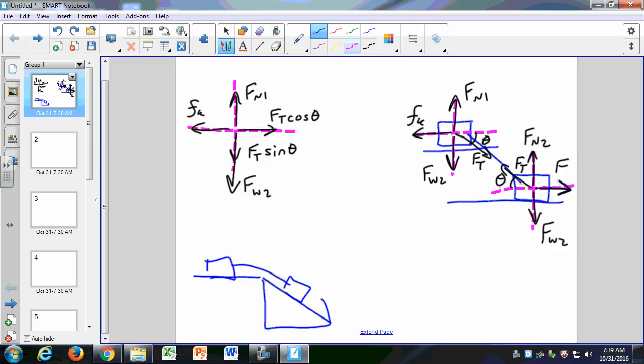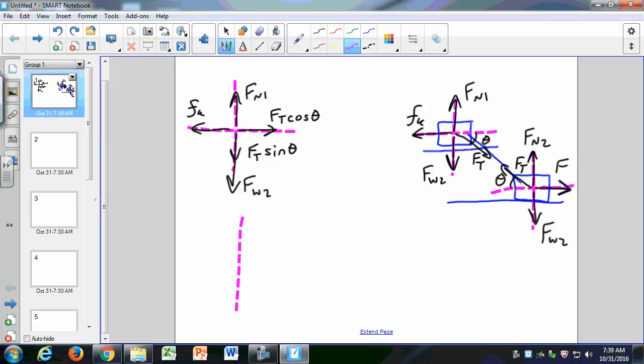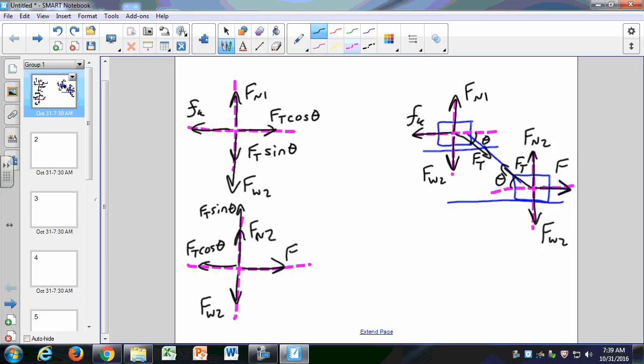And then over here, I have Fn2, Ft cosine theta, Fw2, Ft sine theta, and I have the force F, which was given.